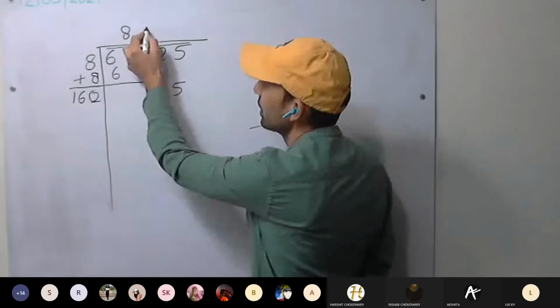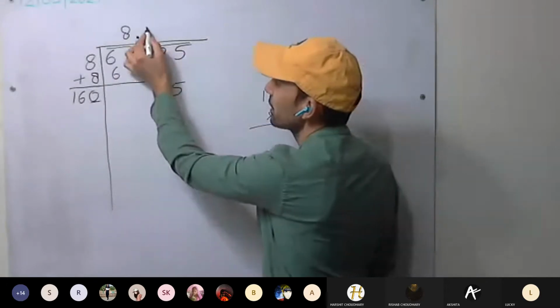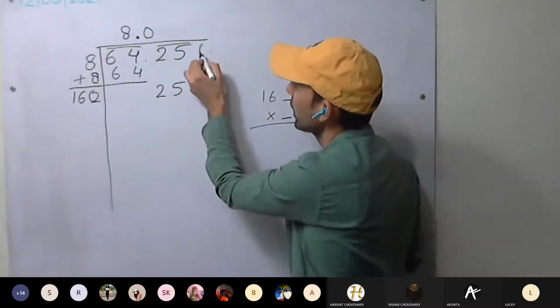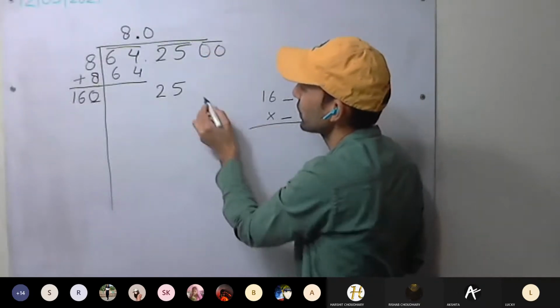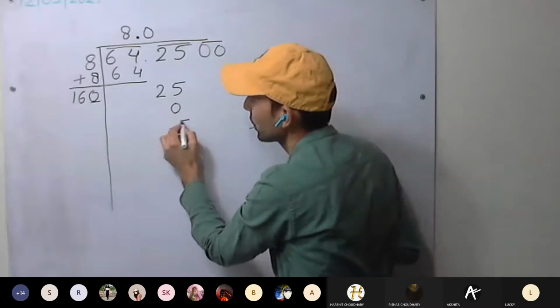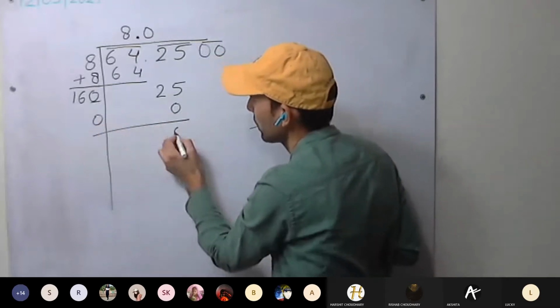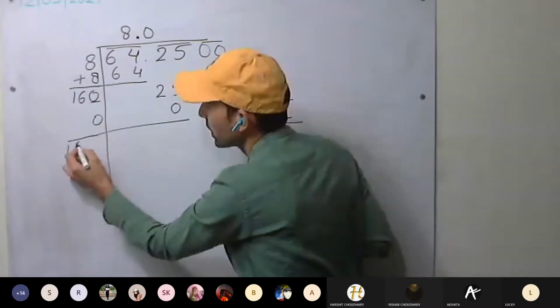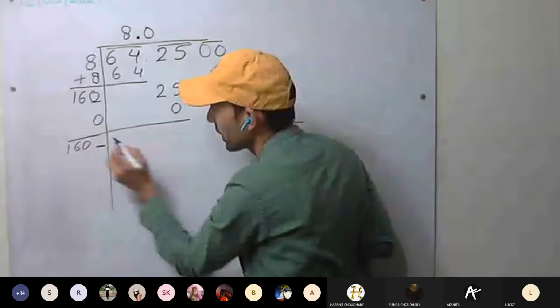If 0 here, what do you have to put in the quotient? 0. Okay. So what do we have to add now? 2 more zeros. Yes, 0 here we have put. 160, 0 and here.